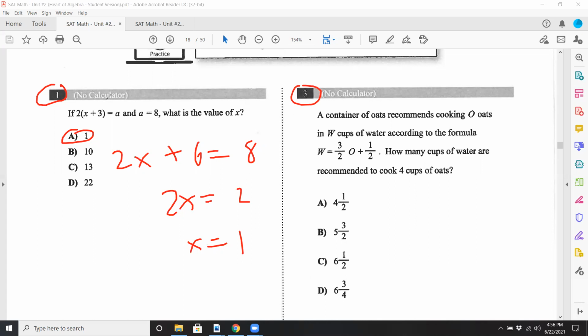Okay. So you have 4 cups of oats. So it's going to be 6 plus 1/2, 6.5. There you go.